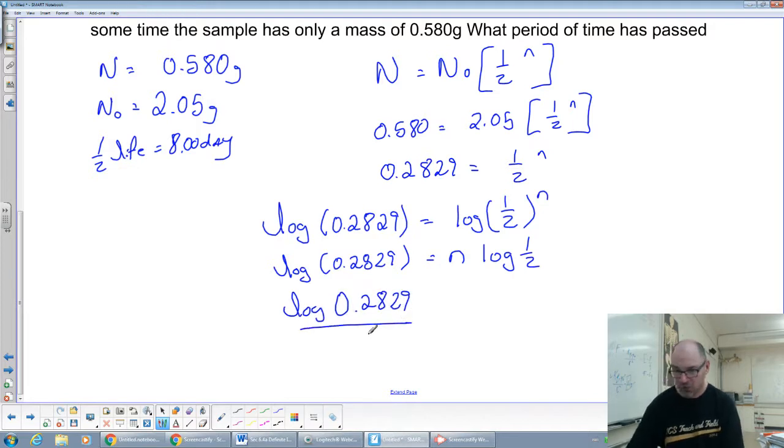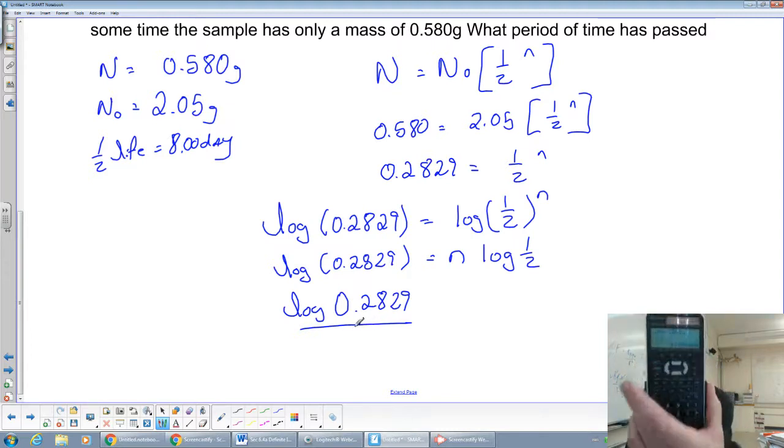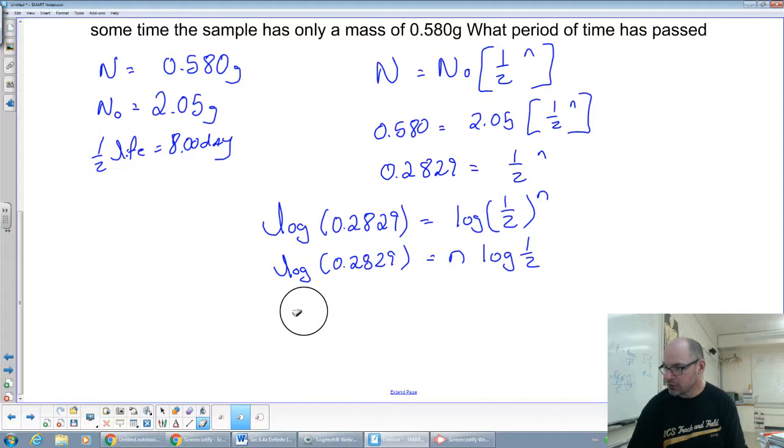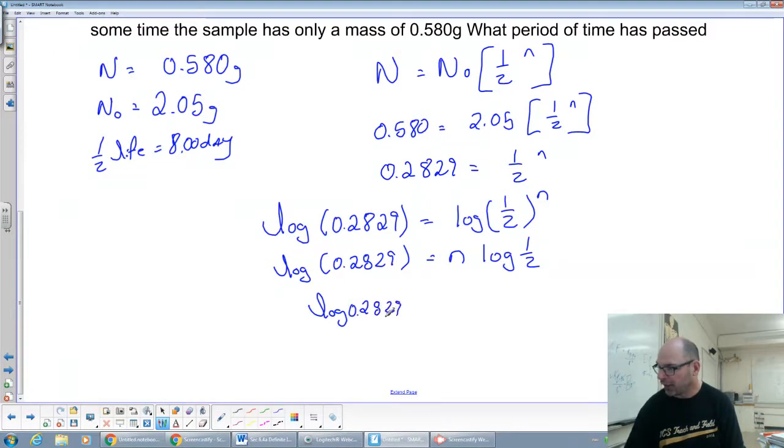Now, rounding off will change your answers, so I usually keep the whole number on here. Let's go: log of 0.2829 divided by log of 0.5, or 1/2, equals n. So take your calculator out.